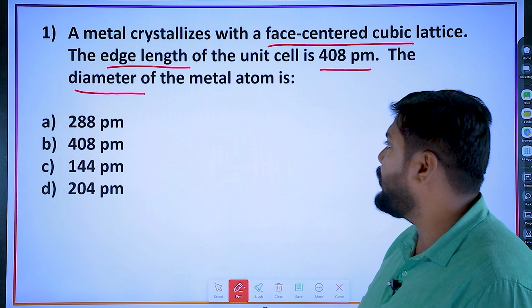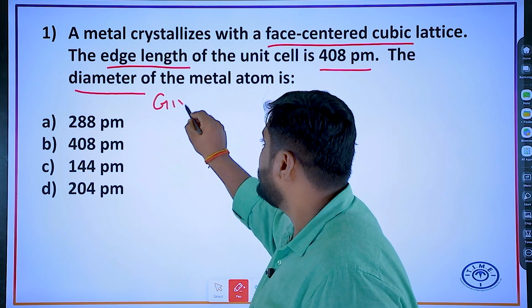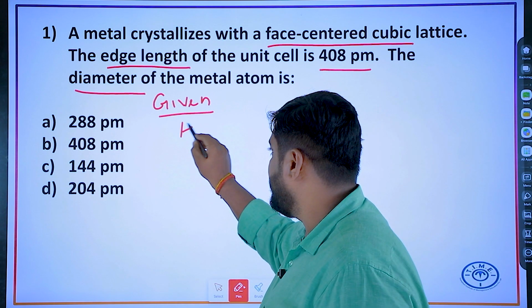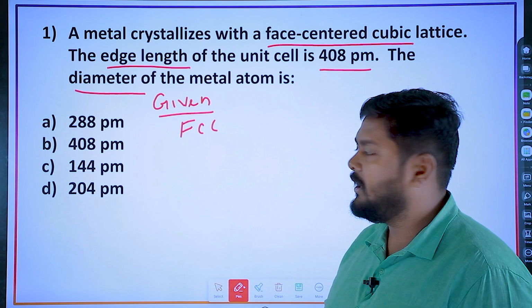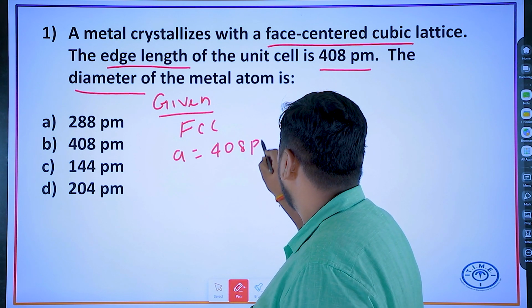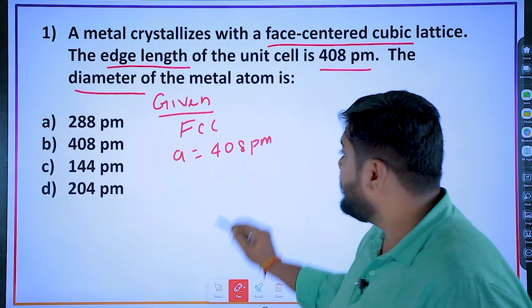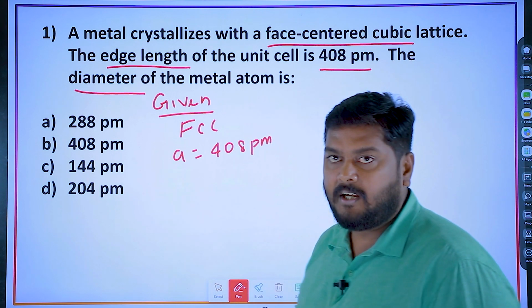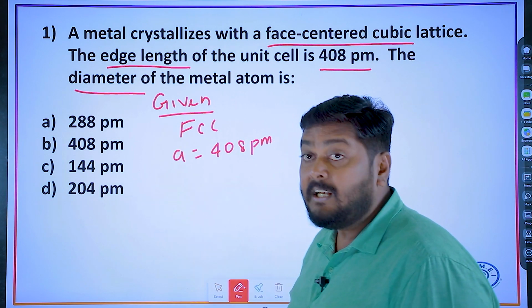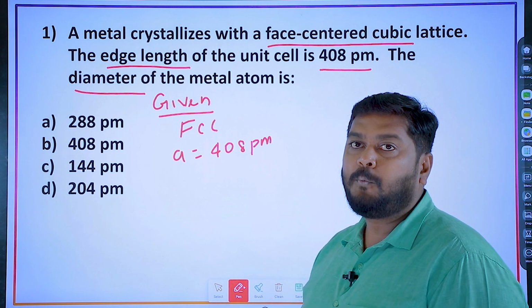As usual you are going to take your given. What is given? The crystal is FCC, this is the first clue, and then edge length is given as 408 picometer. You have to check whether the units are in picometer, else you have to convert to the corresponding units.